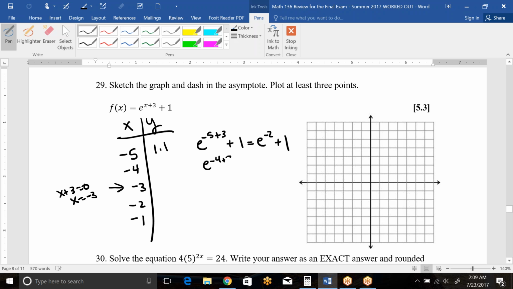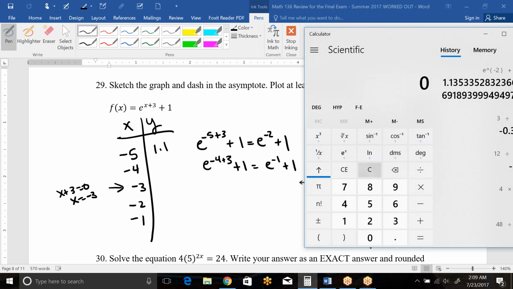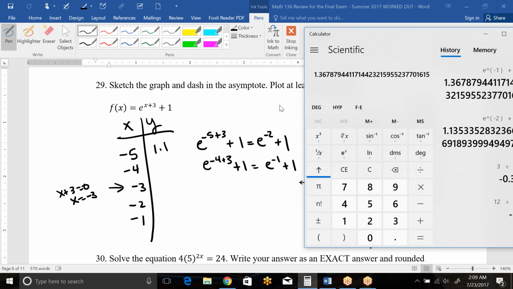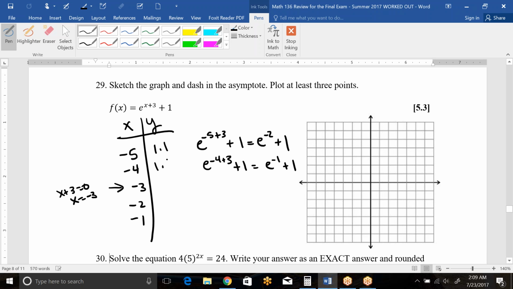e to the negative 4 plus 3 plus 1 would be e to the negative 1 plus 1. So a negative 1 exponent, e to that power, and then that would be 1.4. e to the negative 3 plus 3, and then plus 1 is e to the 0 plus 1. e to the 0 is 1, so 1 plus 1 is 2. e to the negative 2 plus 3 plus 1 is e to the first plus 1.